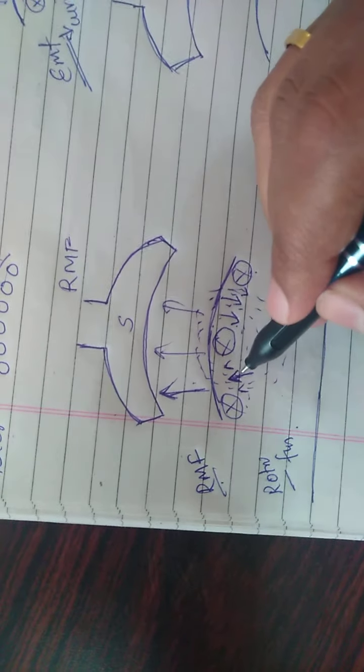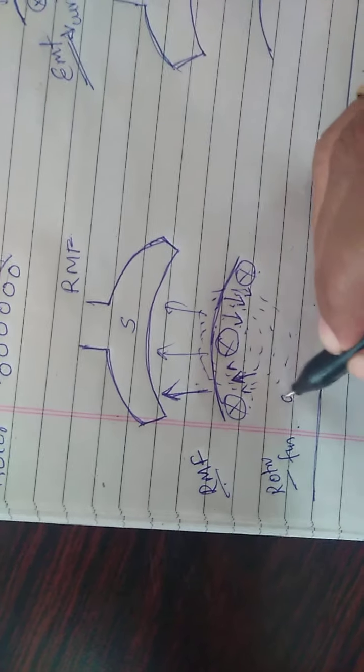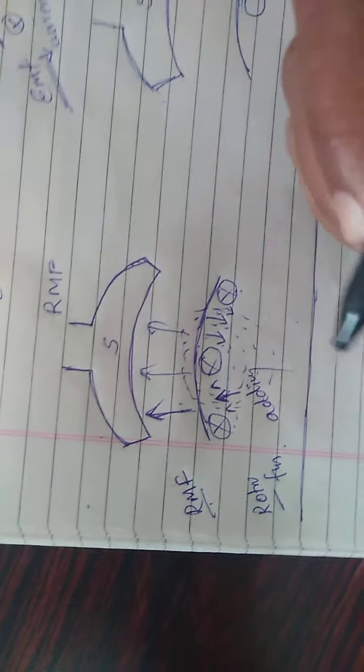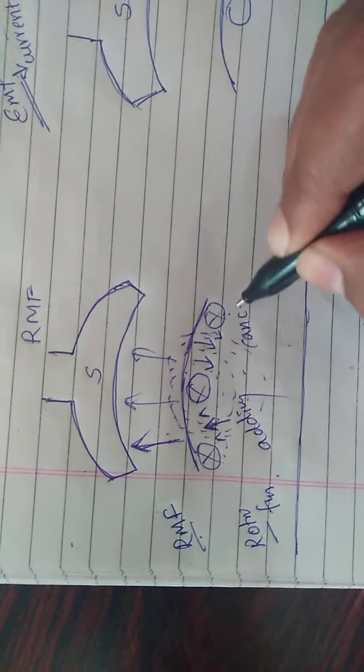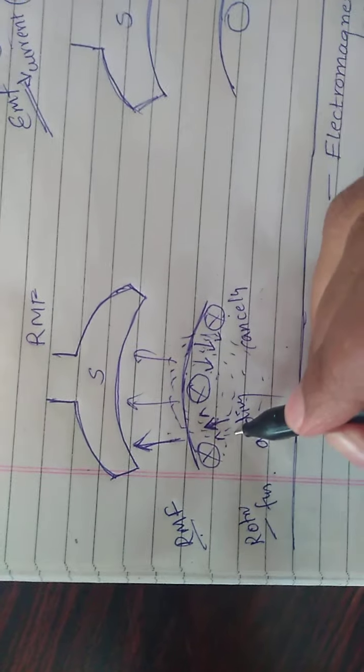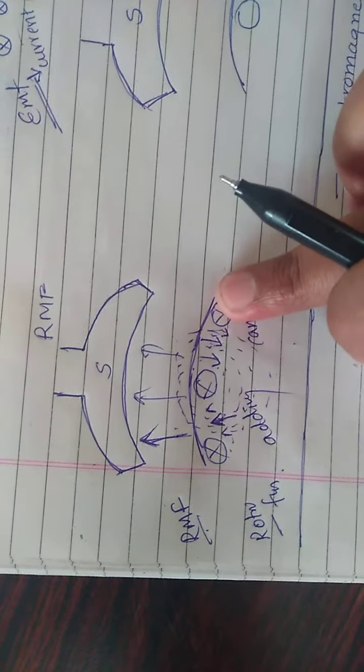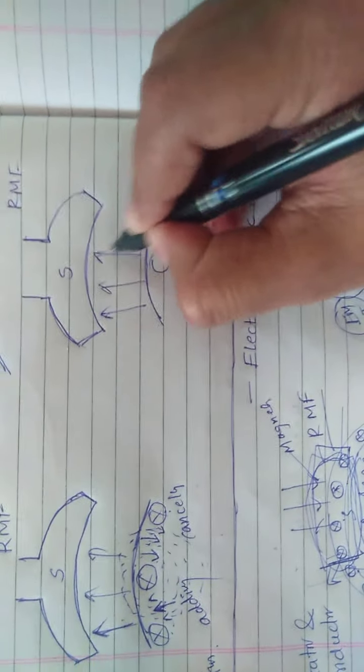These two are in the same direction, meaning they are adding in nature. These two are in opposite directions, cancelling in nature. So this side we have much flux, and this side we don't have flux. That's what we are representing here.